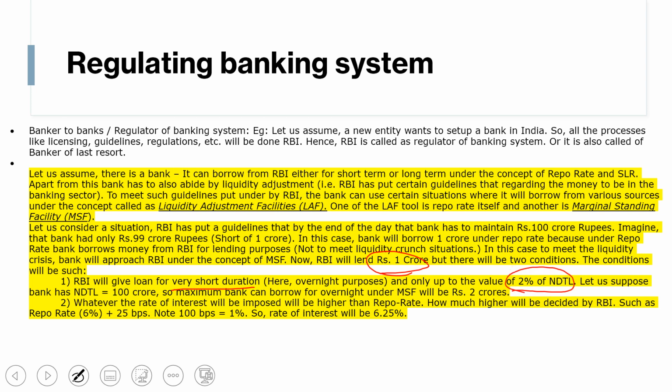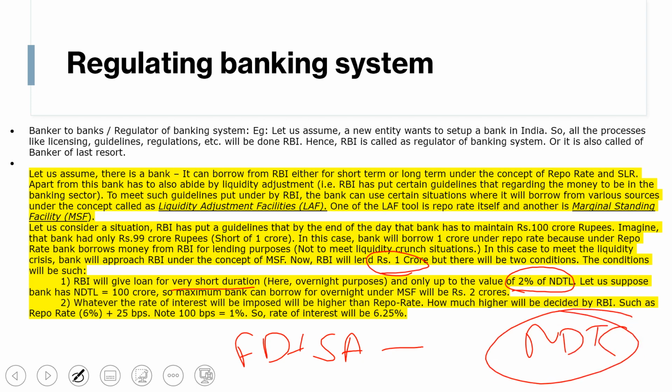I have explained NDTL: your FDs plus savings accounts, and if interbank lending happens you deduct it, and whatever remains becomes the NDTL. Suppose the bank has an NDTL of rupees 100 crore, so the maximum it can borrow overnight is rupees 2 crore. Understand?